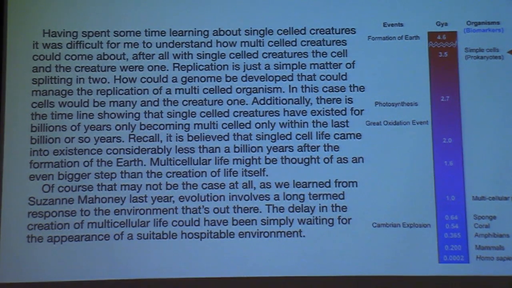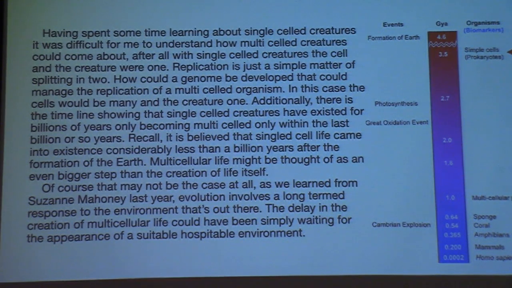And that kind of simple cell life continued on for almost 2.5 billion years. And the appearance of multi-cell life didn't come about until the order of just about 1 billion years ago. And that's a relatively short time.